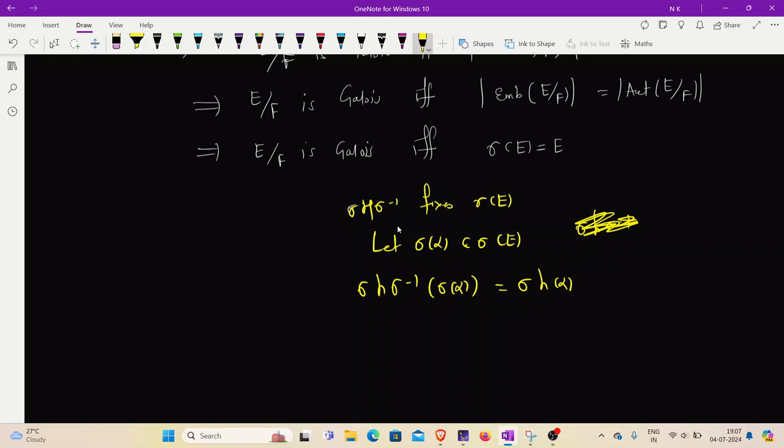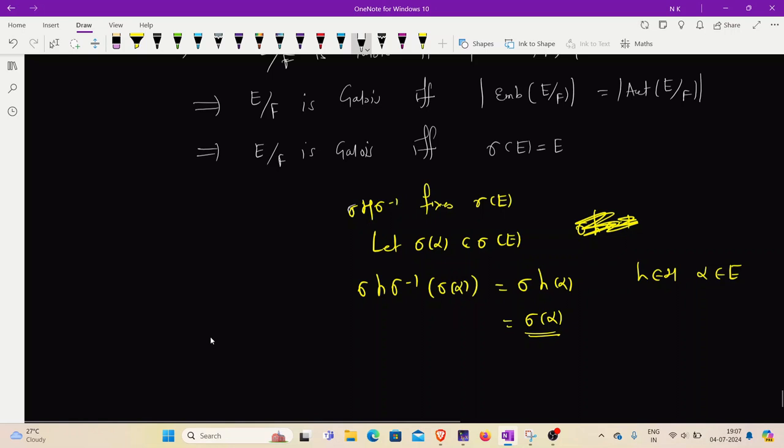But H belongs to H and alpha belongs to E, and E is the fixed field of H. So H of alpha equals alpha. So this is again sigma of alpha. So that means sigma of E is fixed by sigma H sigma inverse.